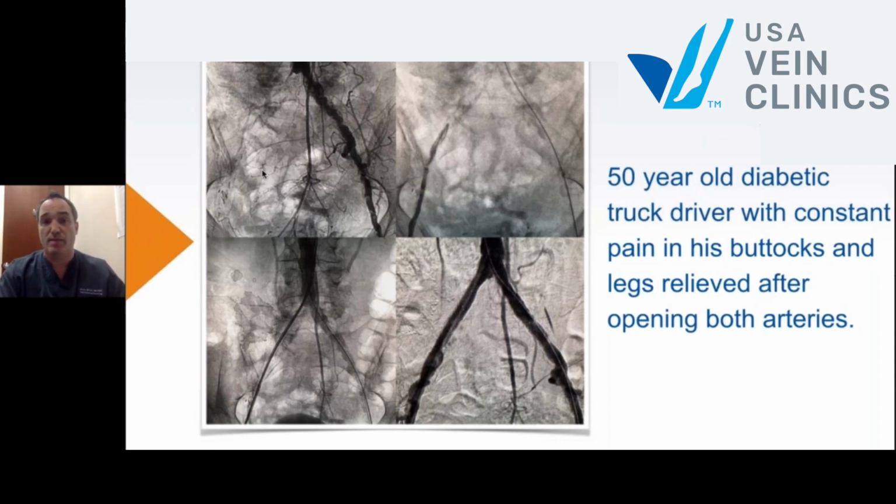There's no flow. And so you can imagine when he walks or does anything, you're not getting any flow down here. So it has to come down this side, which is also diseased, and somehow find its way across through these tiny little vessels. So again, through some complex techniques, including accessing one side, accessing the other side, and doing what we refer to as a chronic total occlusion recanalization, we were able to reopen this artery and put in what are known as kissing stents.